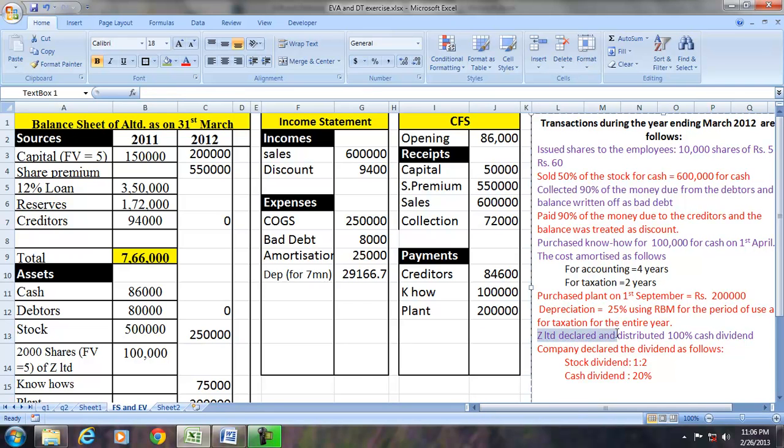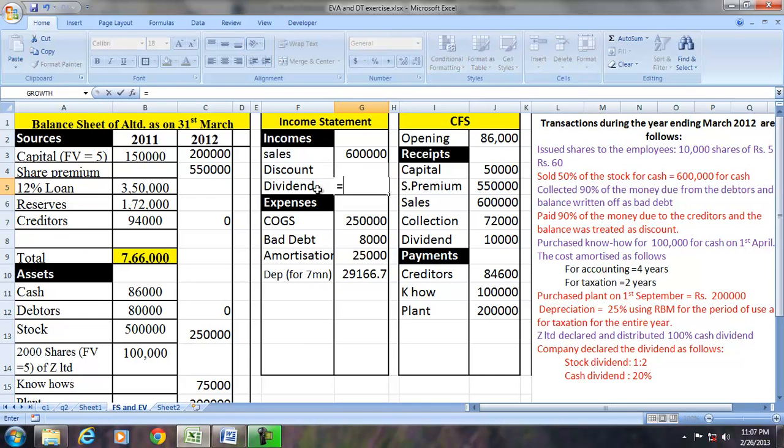The company in which A Limited has invested, that is Z, has declared dividend 100%. A is having shares in Z Limited. The face value of the share is 5. So the dividend will be calculated on the face value of the share. So 100% of 10,000, therefore 10,000 is the dividend, and the dividend is an income.